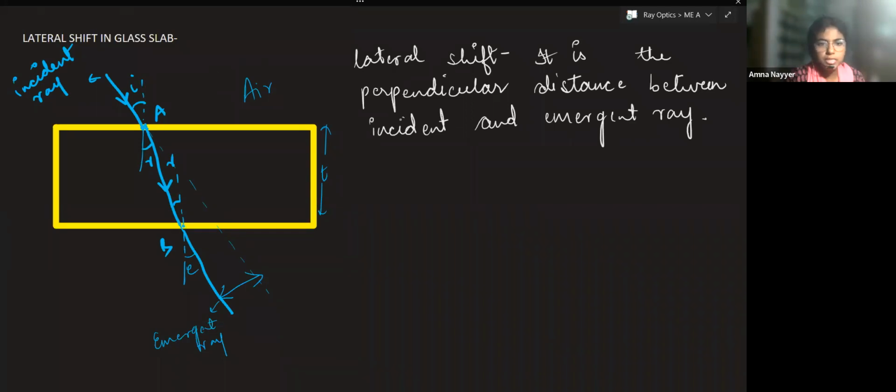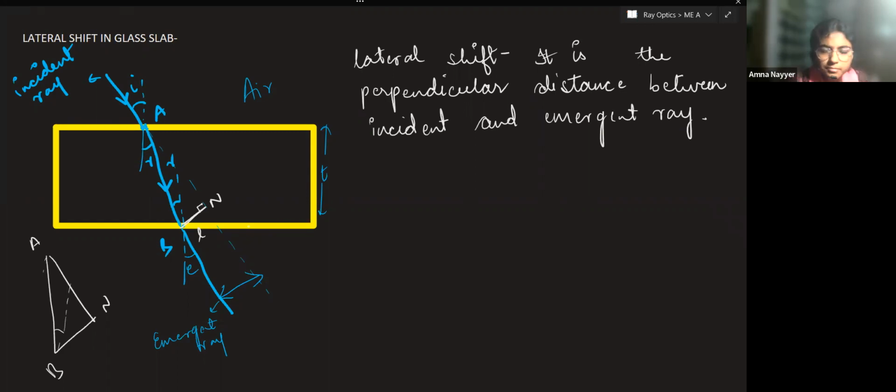Now see this part, this is referred to as the lateral shift. Let's say this is L. If you drop a perpendicular, this perpendicular distance becomes L. This is already B. Let's name this point N. So if you see this triangle, this is the complete triangle N, B, A. Now see, this angle is what?